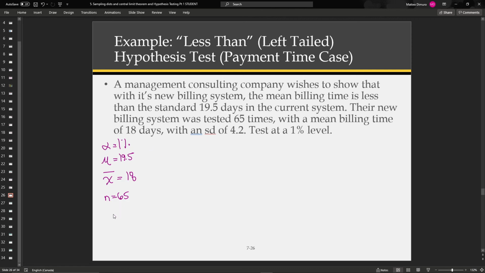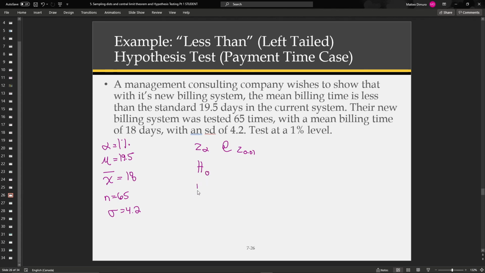Oh, and a standard deviation of 4.2 days. So we're going to have to find Z alpha, and it's going to be 0.01. We'll do this on the next slide, but I just wanted to write it here.